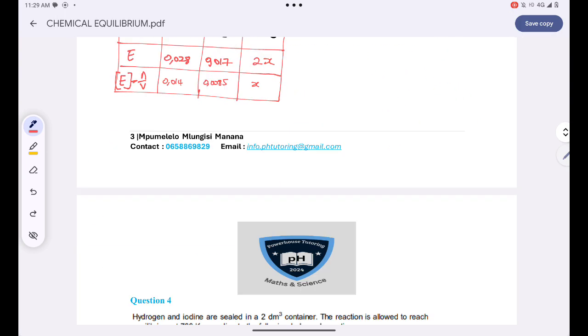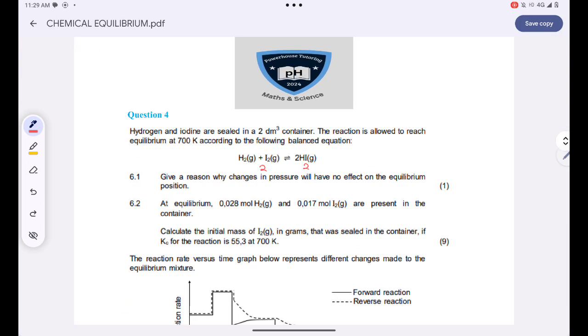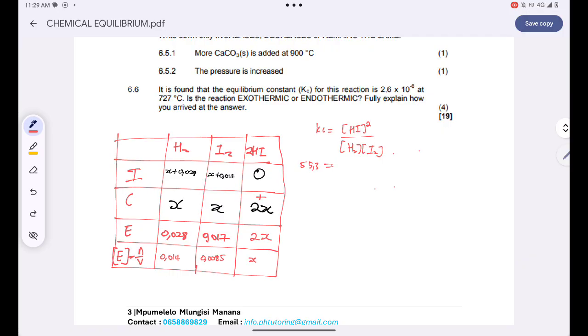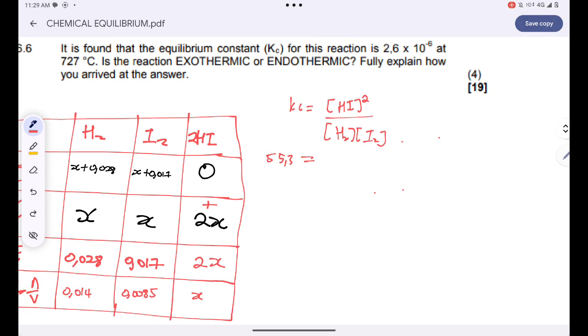Let me confirm, guys. Yeah, the Kc is 55.3. The concentration of hydrogen iodide is just x, but this is squared. Then I have the concentration of my hydrogen, 0.014, and the concentration of iodine, 0.0085.